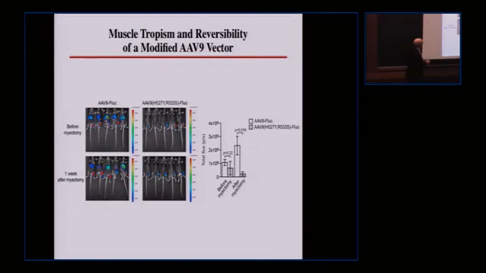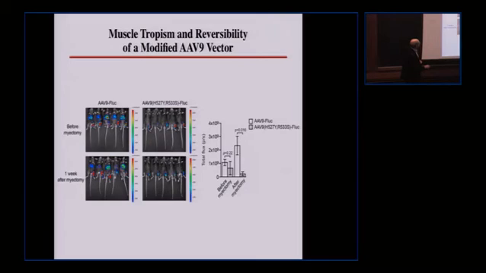You could see now that when we inject this variant, we don't see the liver distribution that we saw with wild-type AAV9. We've removed the anterior tibialis muscle, and after a week, what we see is still large amounts of expression in the control AAV9, but much reduced expression in this AAV9 variant, and that's quantitated over here.